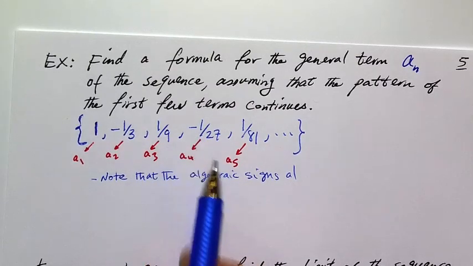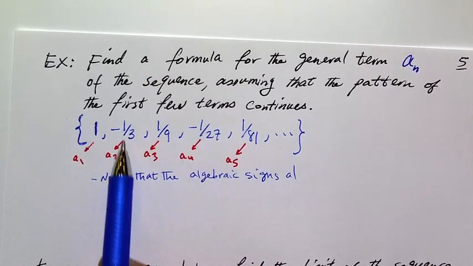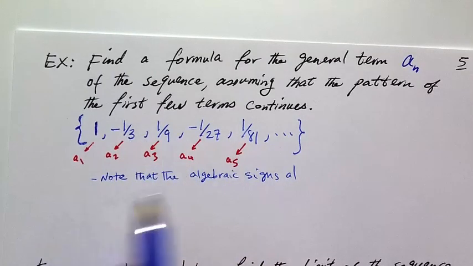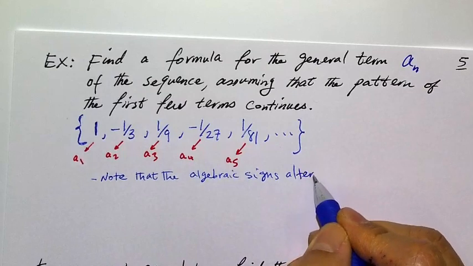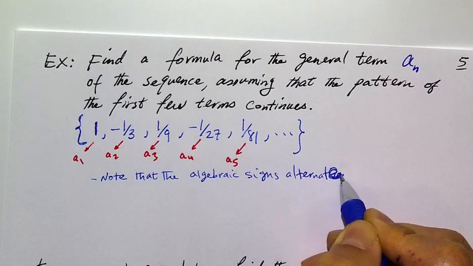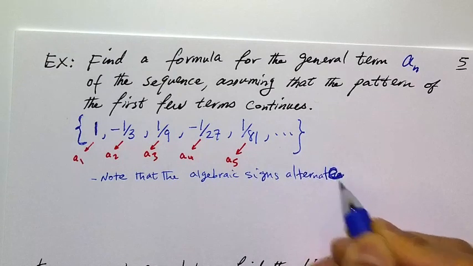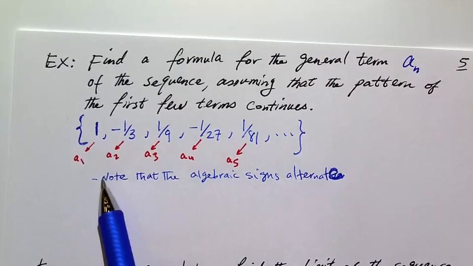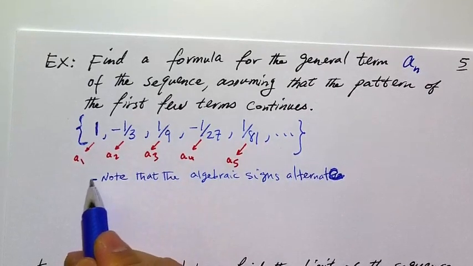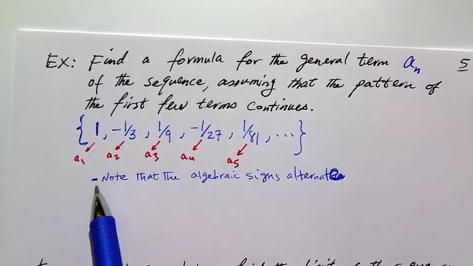For even terms it's negative, for odd terms it's positive. So those signs alternate. Now we have to capture that pattern in our sequence.